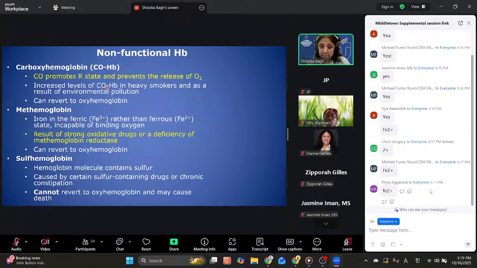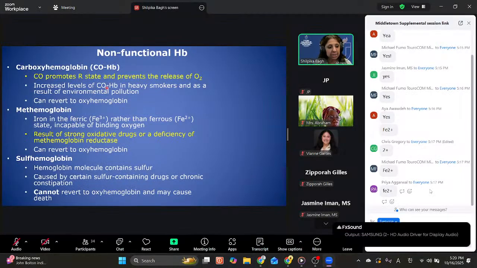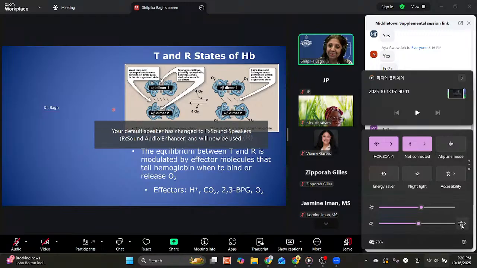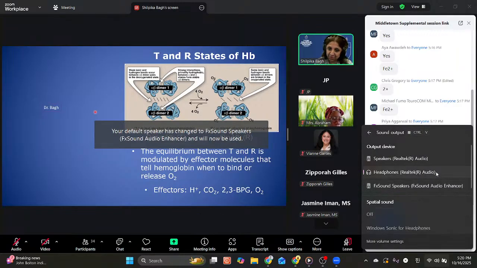We also talked about normal hemoglobin composition, major adult, minor adult, or fetal. So you should know the composition of all the normal types of hemoglobin.